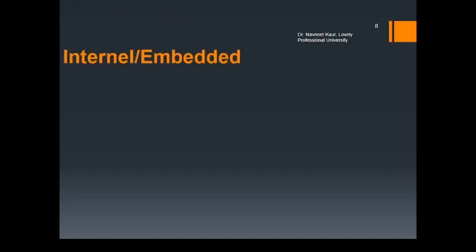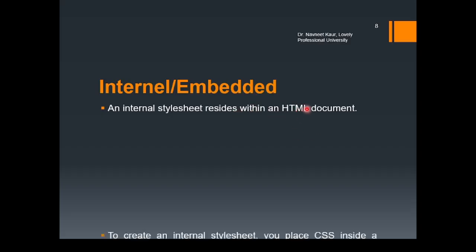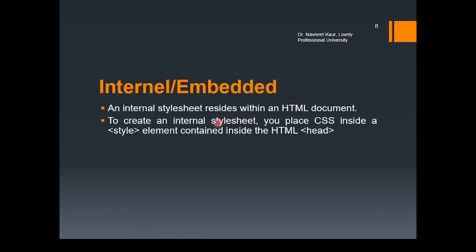Let's talk about internal or embedded style sheet. An internal style sheet resides within an HTML document. To create an internal style sheet, you place CSS inside the style element contained inside the HTML head tag. So in the previous one, that is in inline styling, we used to write style as an attribute.